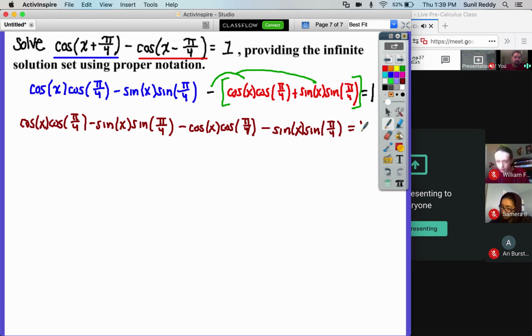All of that is equal to 1. And now I notice that I have cosine of x cosine pi over 4 minus cosine x cosine pi over 4. Those cancel each other. That just gives us 0. For the other two terms, minus sine x sine pi over 4 minus another sine x sine pi over 4, those are also like terms, and they combine to give me negative 2 of those sine x sine pi over 4 terms. Still equals 1.